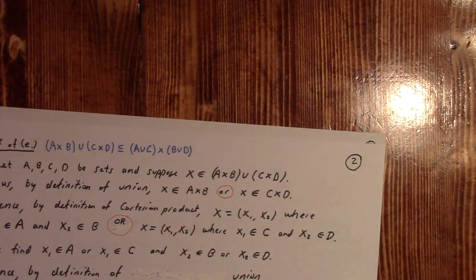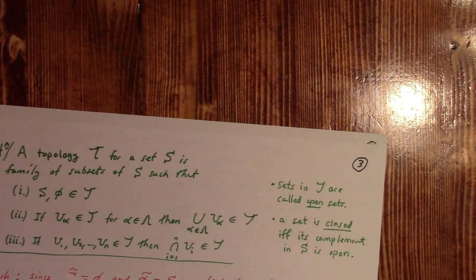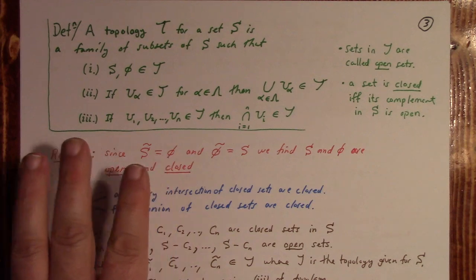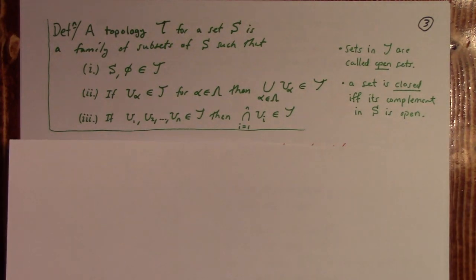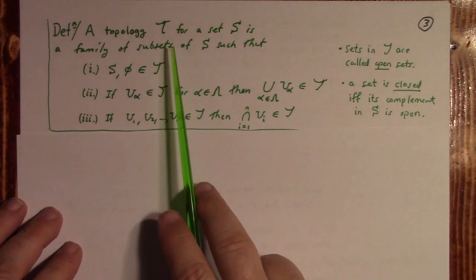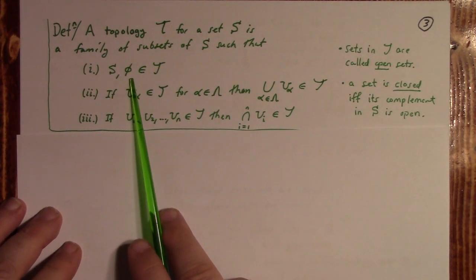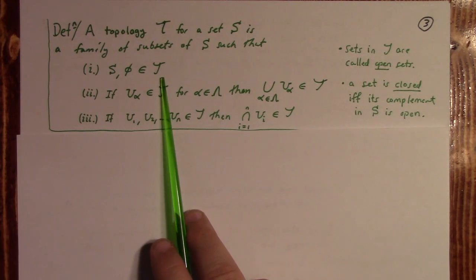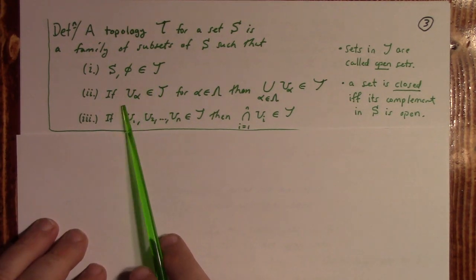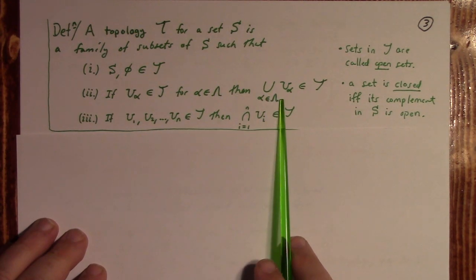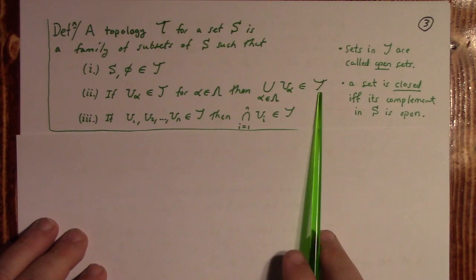Now, let me talk about topology just a bit. First of all, let me give a brief recap and in some sense restatement of the definition of topology. So a topology for a set is a family of subsets such that the empty set and the whole set are elements of the topology. And if you have any collection of sets in the topology, then the union over that collection is again in the topology.